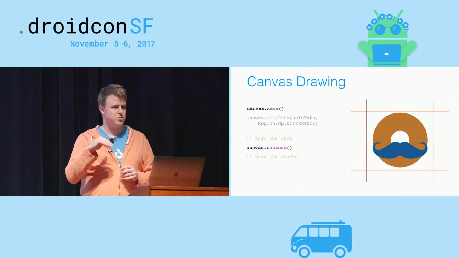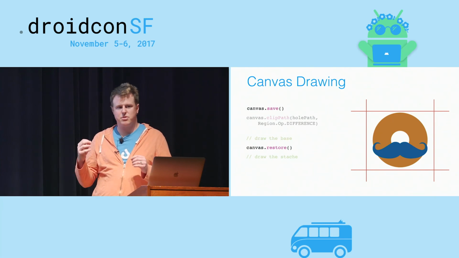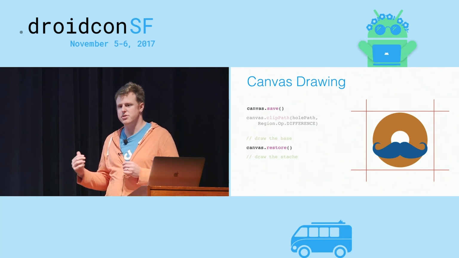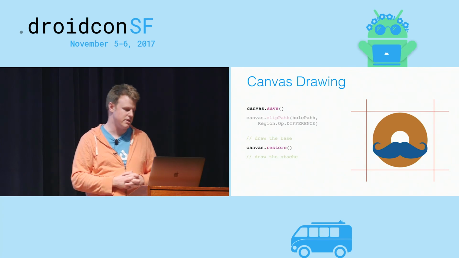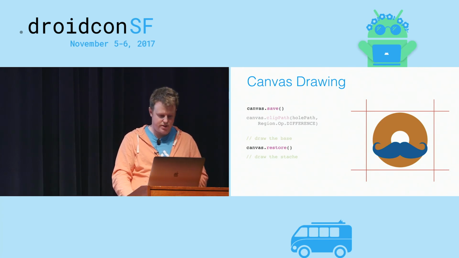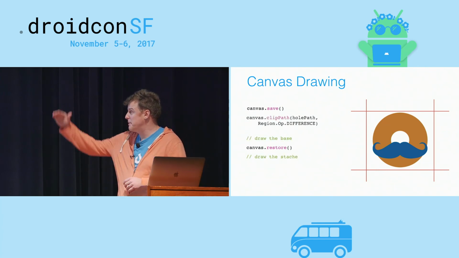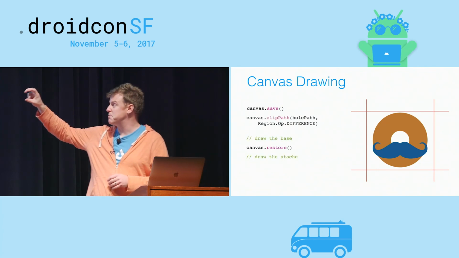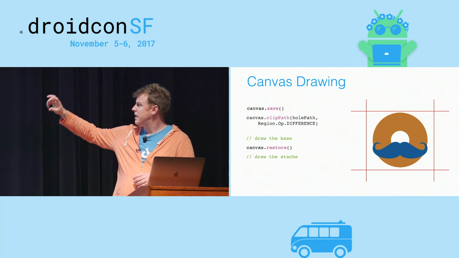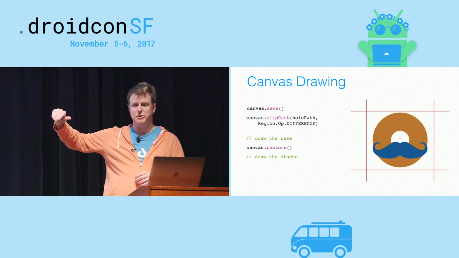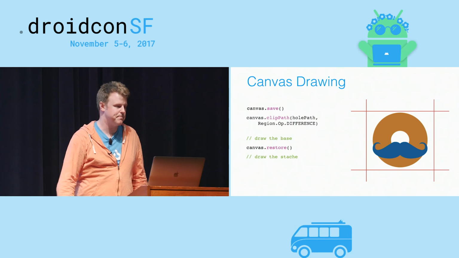And then afterwards, you just restore. And that's a super easy method to just go back to the previous state of the canvas. So right now, we're going to wrap our clipping and all of the drawing that we want to be clipped inside a save and restore. And that way, when we draw the mustache, after we restore, the mustache is not clipped.